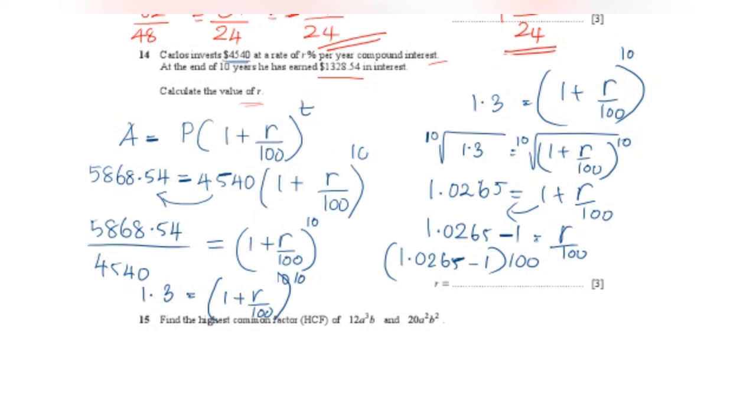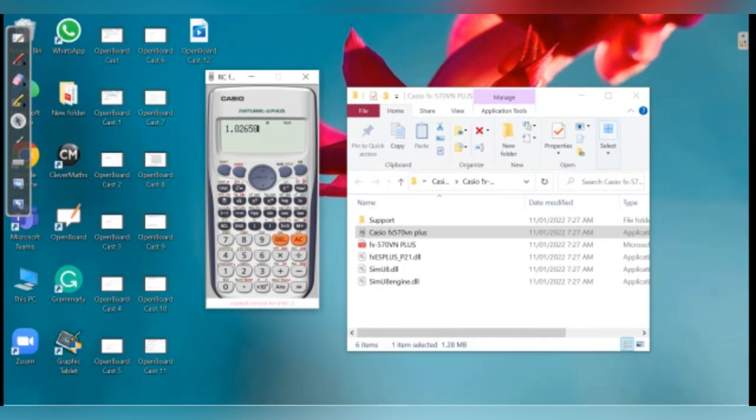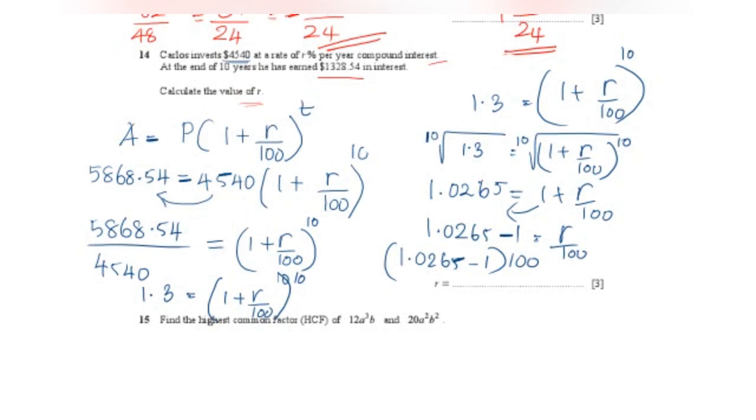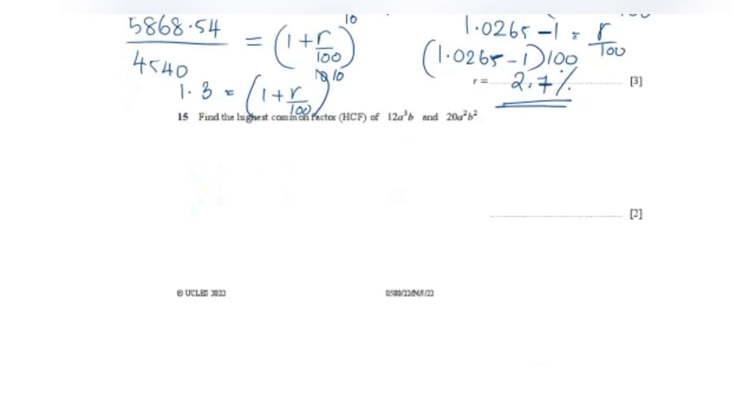So I am going to do all this calculation in the calculator. So the answer comes as 2.658 or 2.7%.